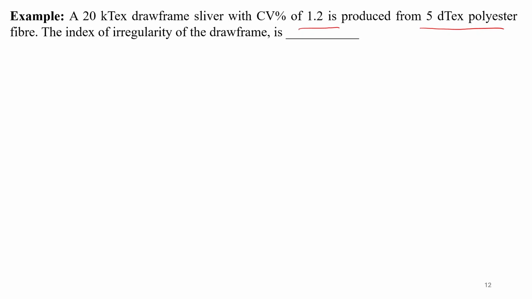What will be the index of irregularity of the draw frame? We know the index of irregularity, and it is from polyester. For man-made fiber we know the relationship is 100 by under root n. The only thing we have to calculate is this CV limit.